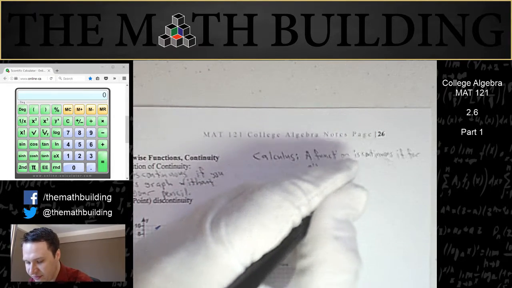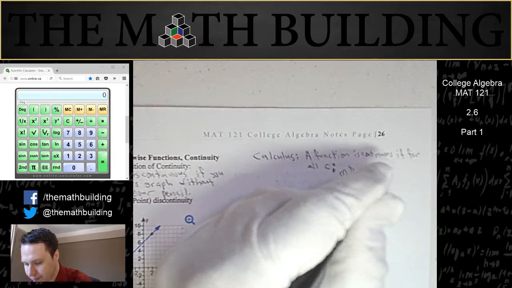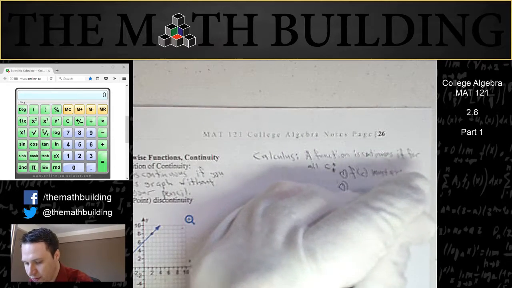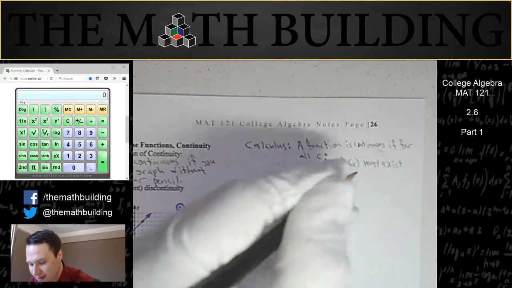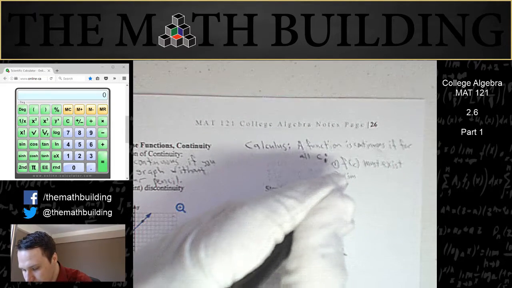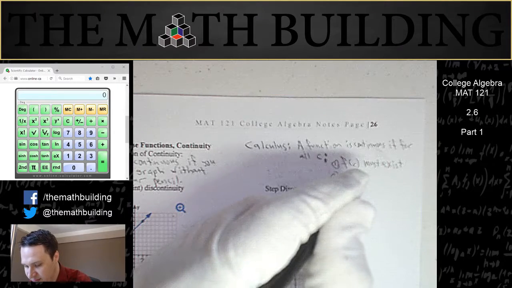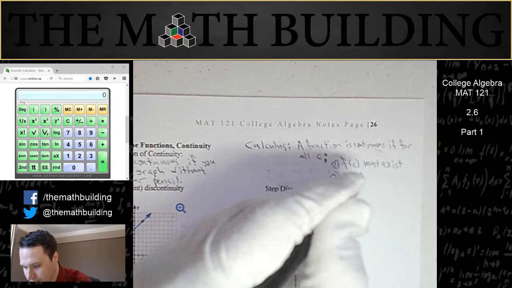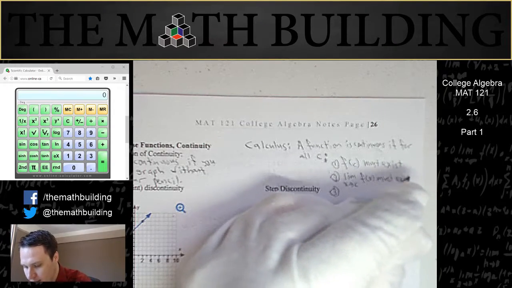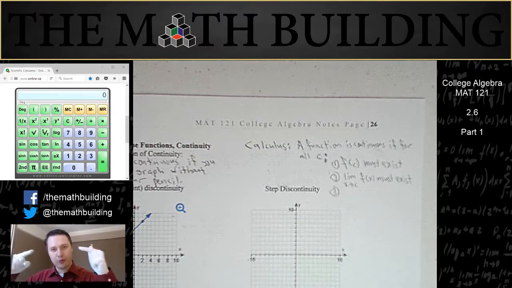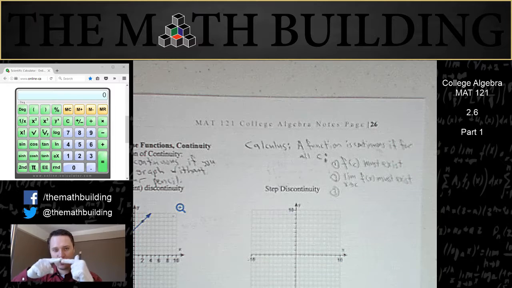First, we need f of C to exist. In other words, there has to be a point there. The limit as x approaches C has to exist. In other words, the graph needs to approach the same value from both directions.